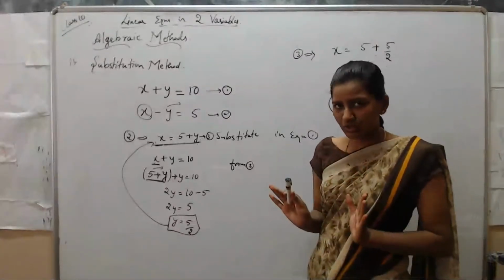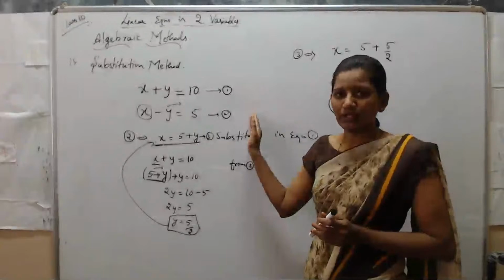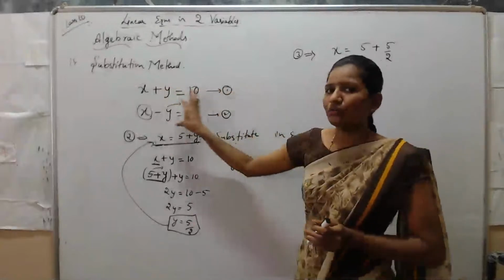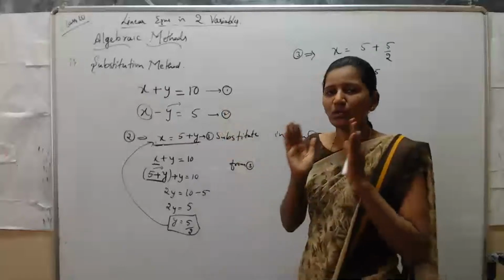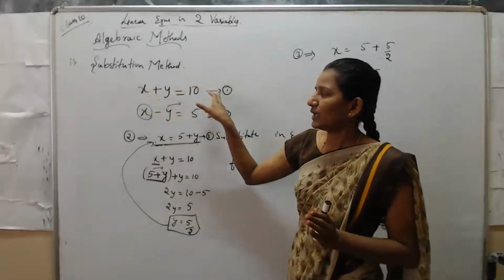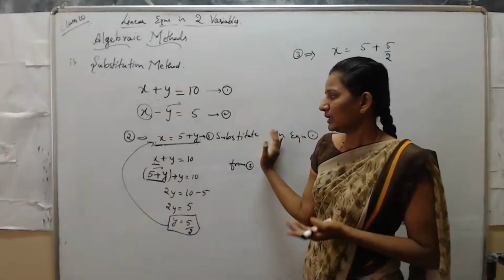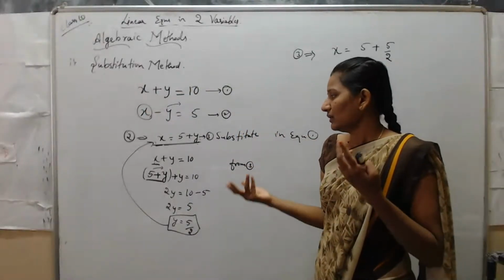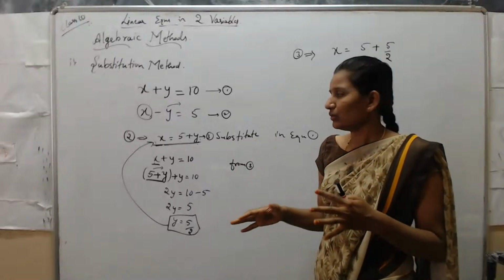See here, initially, given any two equations, solve for the x value from the second equation. Not only the second equation, you can take the first equation also, x is equal to 10 minus y, you can take. But here I am showing you this method because this is the one you are going to follow.